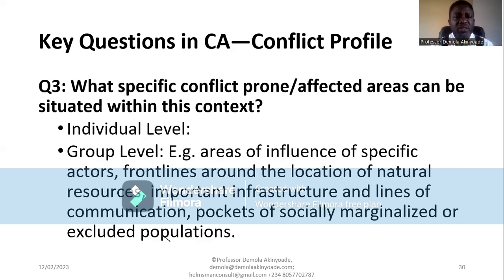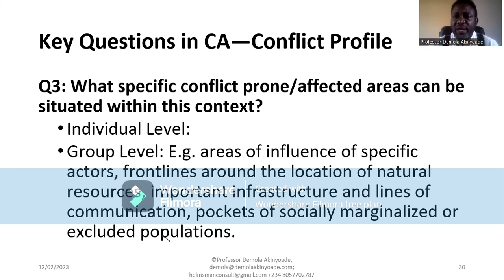The third question is, what specific conflict-prone or affected areas are situated within this context? Here we are talking about specific things. For example, do we have areas of influence of these major actors?